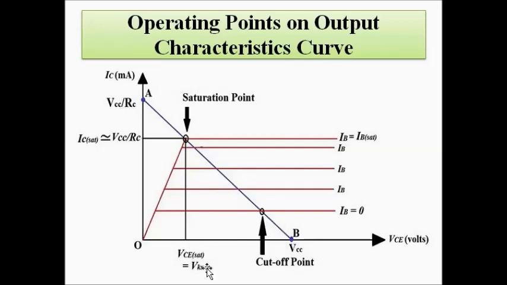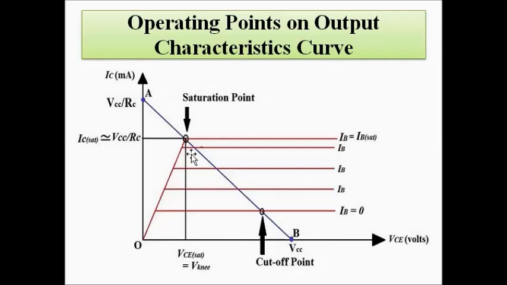That is, beyond the knee voltage, any increase in VCE has no impact on the collector current. It becomes independent of VCE, a flat curve. So this collector emitter voltage value at the saturation point is called the knee voltage.